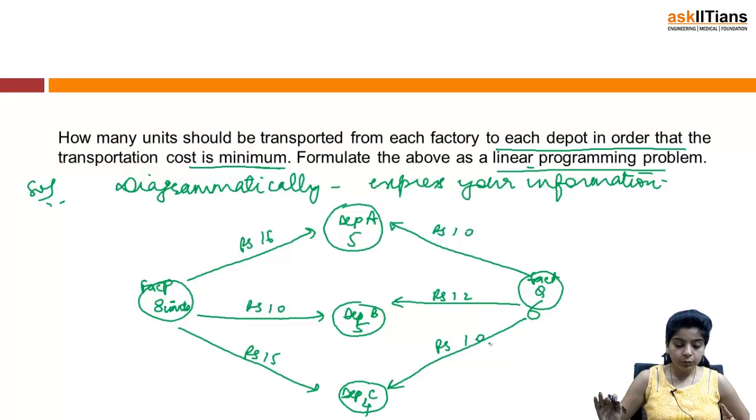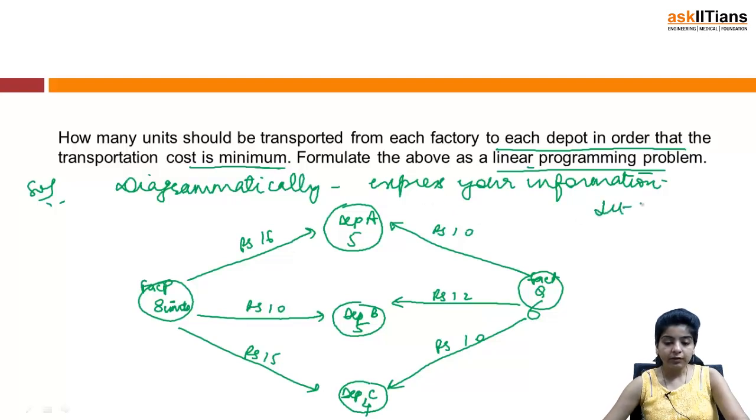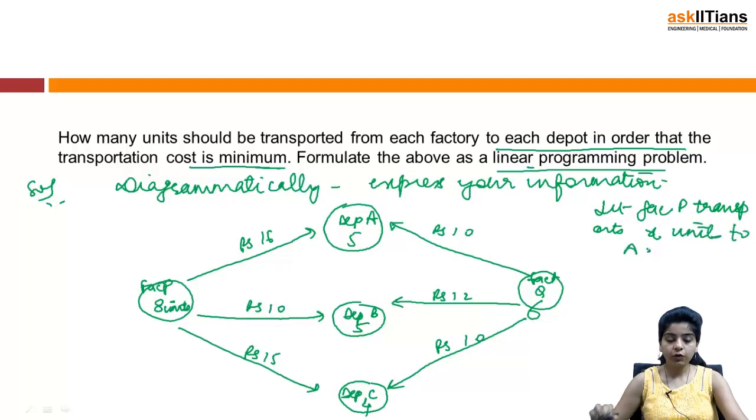Now what I do is, just suppose that factory P delivers X units to A and Y to B. I am assuming that the factory P delivers X units to depot A and Y units of product to depot B. So just write down X and Y below the arrow.